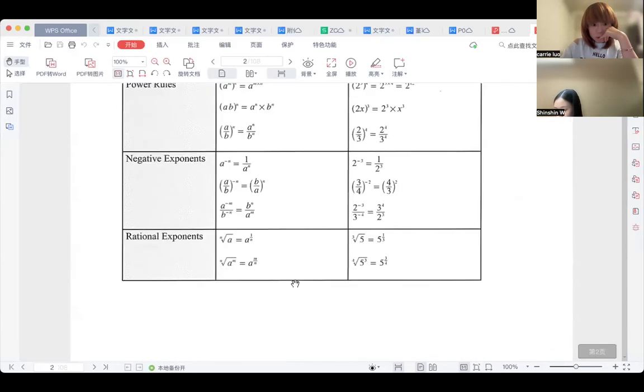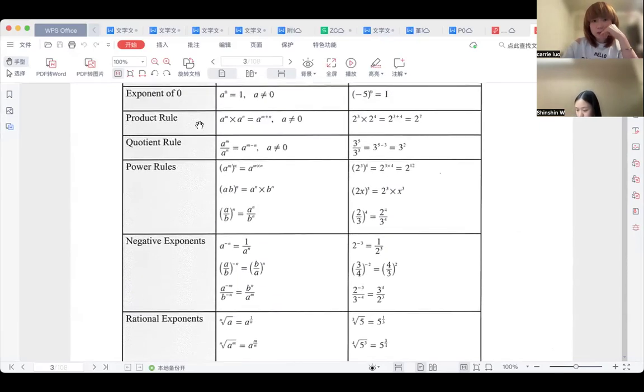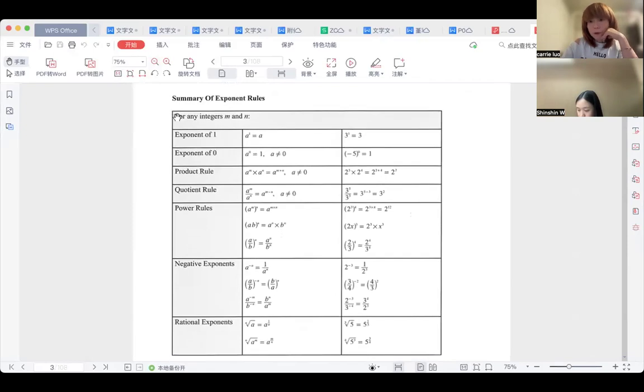Okay, so xinxin, let's take a look at this one. This part we can go through together again. This is a summary of the exponent rules. I think you're very familiar with this. Every number with an exponent of 1 is itself, right? And an exponent of 0, except for 0 itself, equals 1. The product rule is when you have two exponents multiplied together, you add them. The division rule is you subtract them.